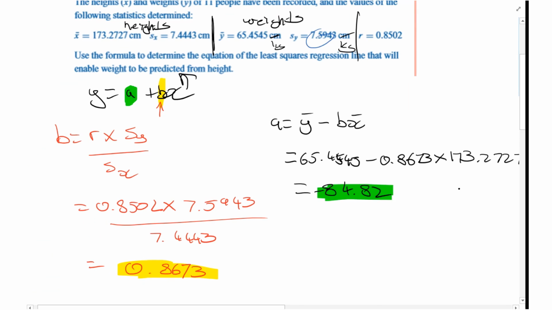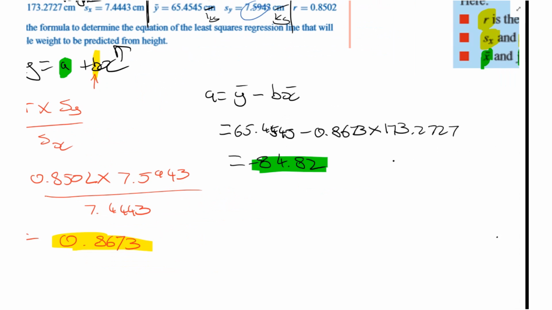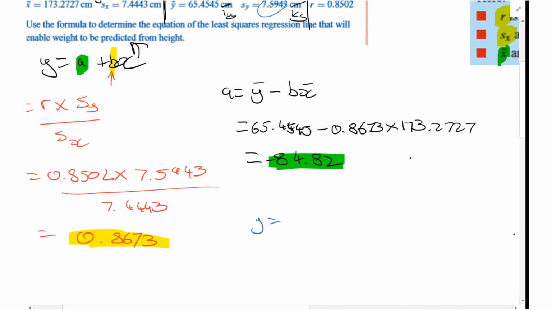Okay, now we can go, well, let's go y equals initially. Y equals what's a? A is minus 84.82 plus, and then we put our b value in, 0.8673 times x.